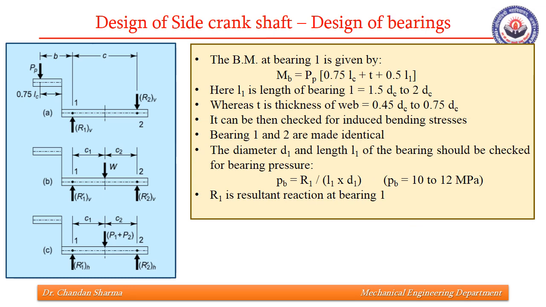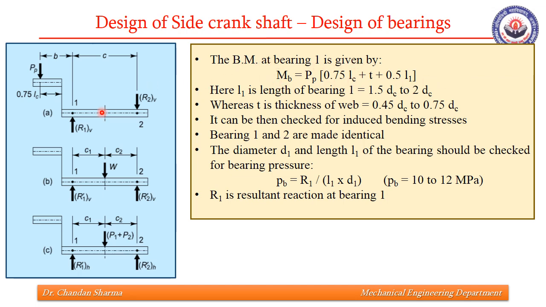Proceeding further, let us talk about the dimensions of bearing 1 and bearing 2. Obviously, these bearings will be identical. So let us do the analysis. Bending moment at bearing 1 is given by this equation. How?